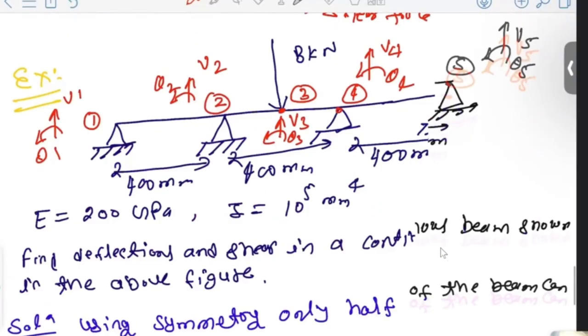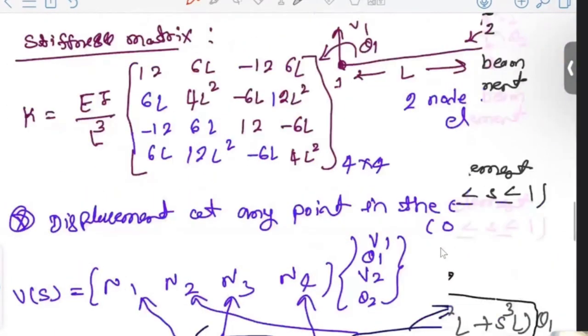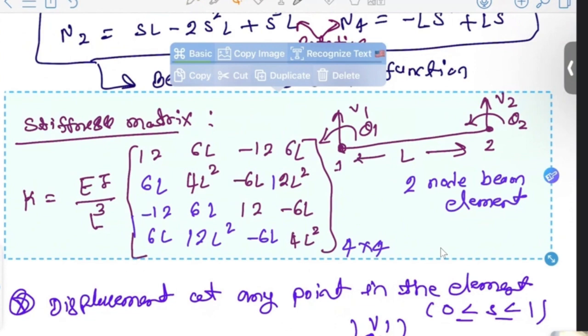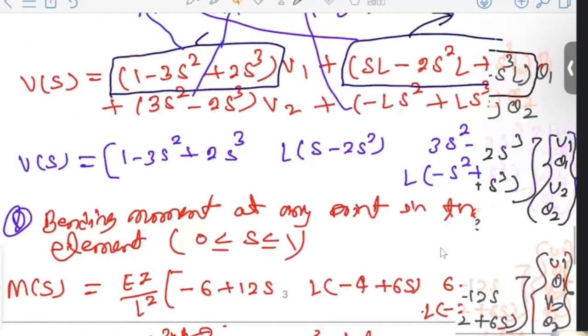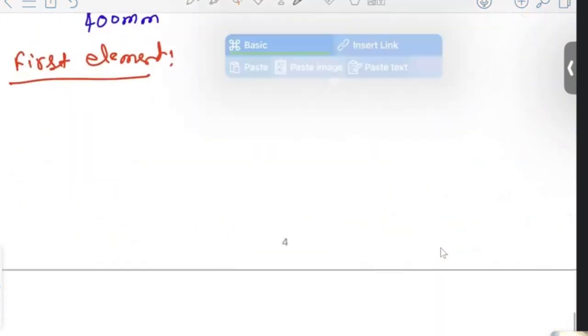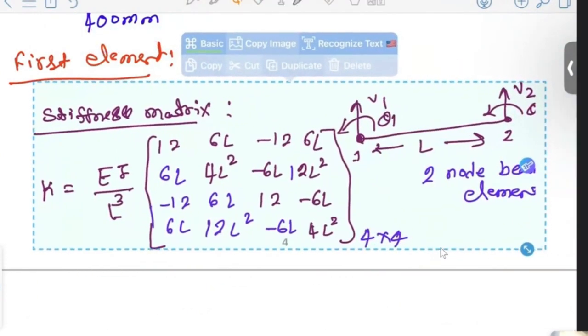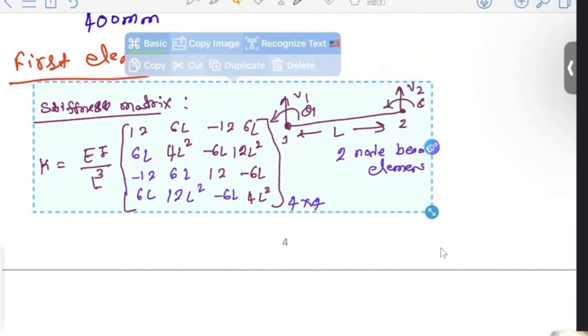We will start with the first element. As we discussed, for any element this will be our stiffness matrix. Just we have to put in the values of length and other parameters. So for any element, this will be our stiffness matrix.